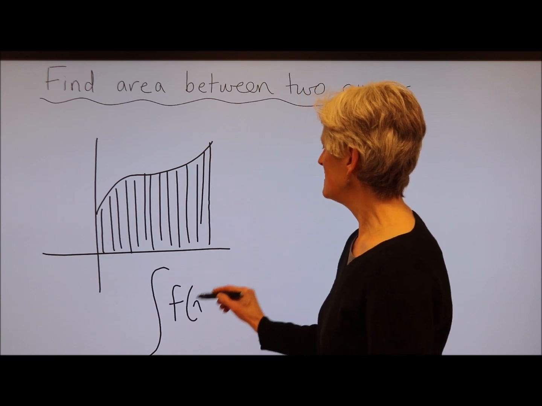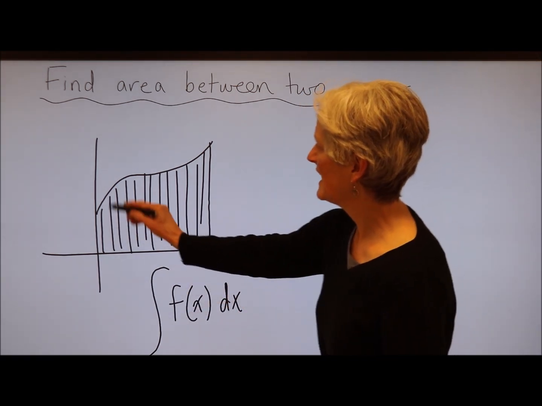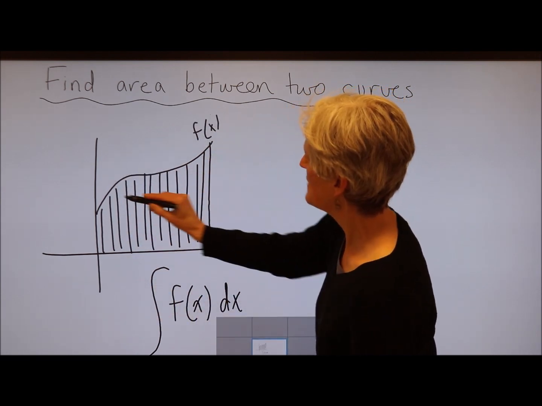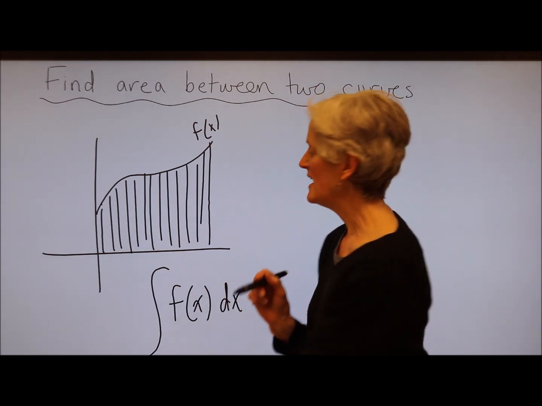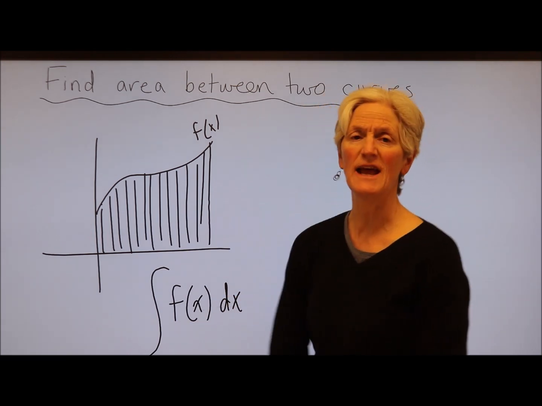we could set up an integral with respect to x, where basically I'm finding the height, if this is my function f of x, I'm finding the height of each rectangle, I'm calling that f of x, and the width of each little rectangle is the change in x.